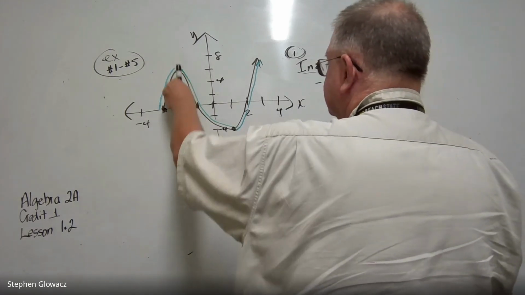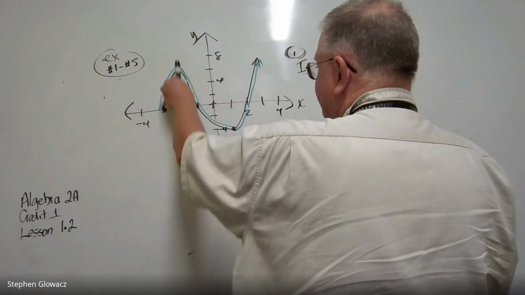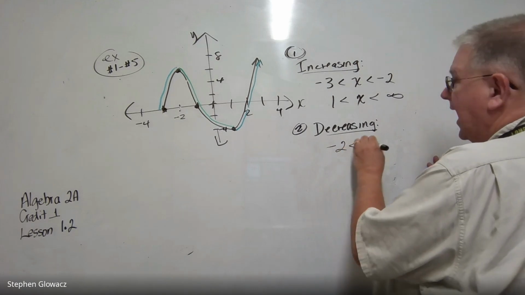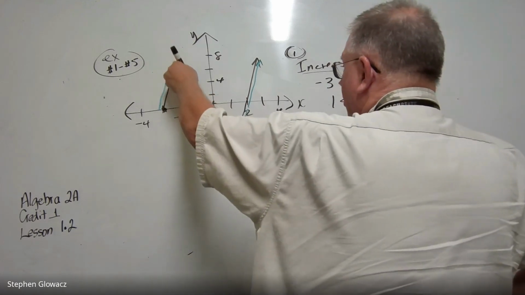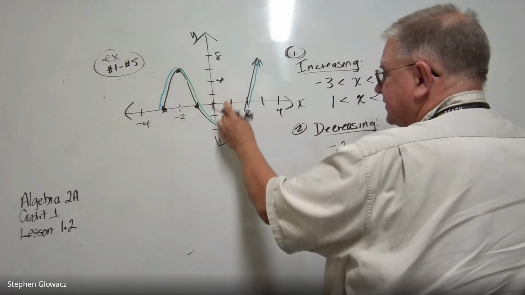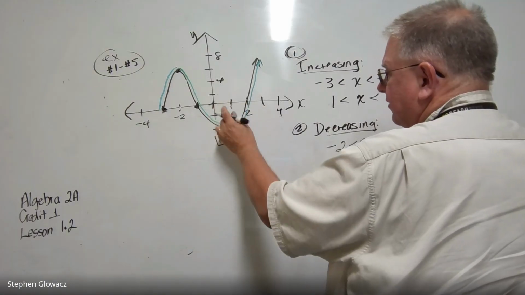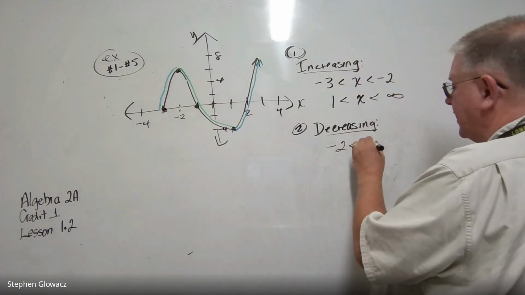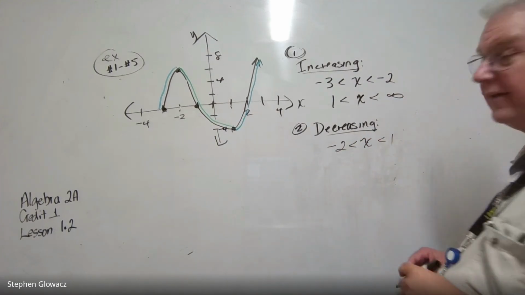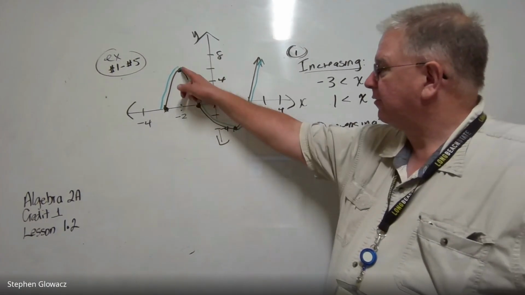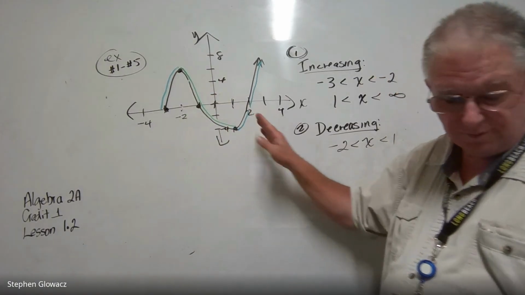Well, it starts decreasing right where the increasing left off, at -2, and it's decreasing all the way up to +1. This would be 1 here because that's 2, that's 0. So from -2 to +1, our graph is decreasing. And that's the only interval where the graph is decreasing, because that's the only part where it's going down as we move from left to right.